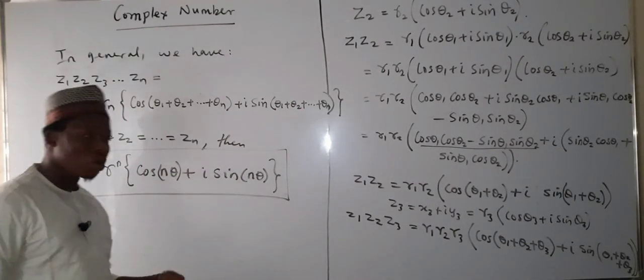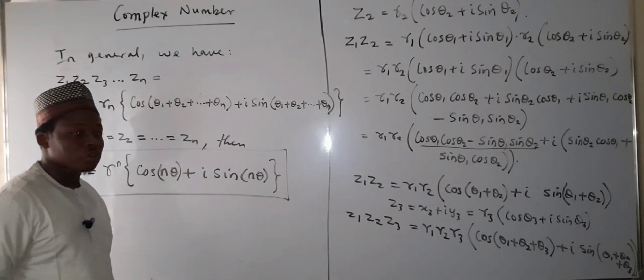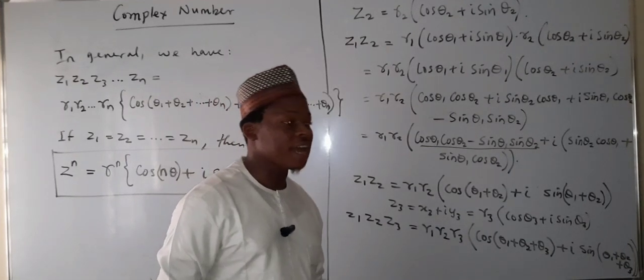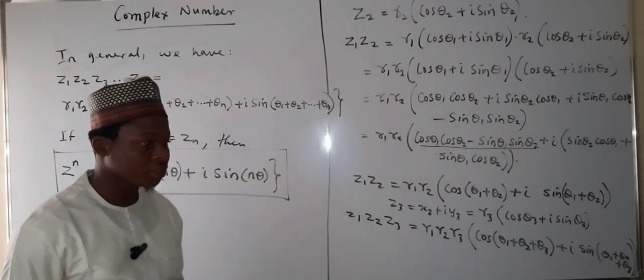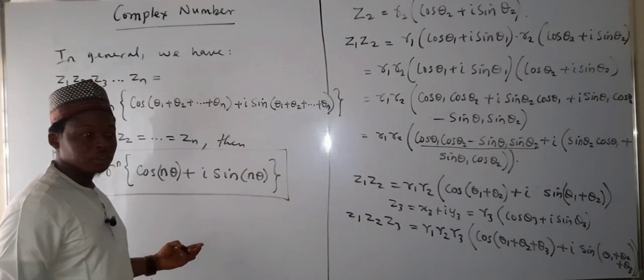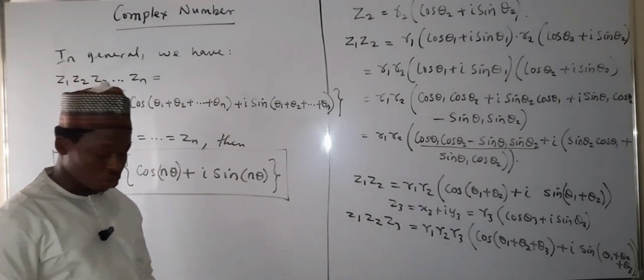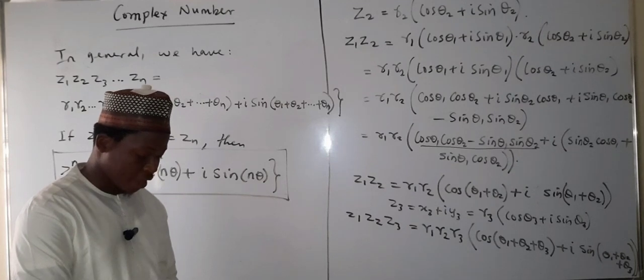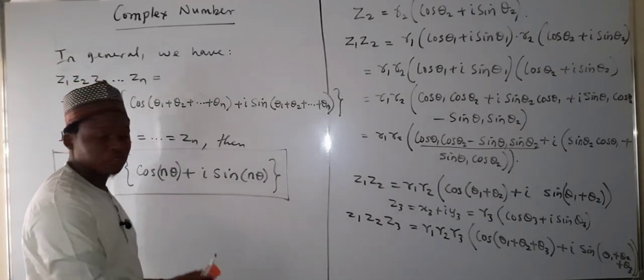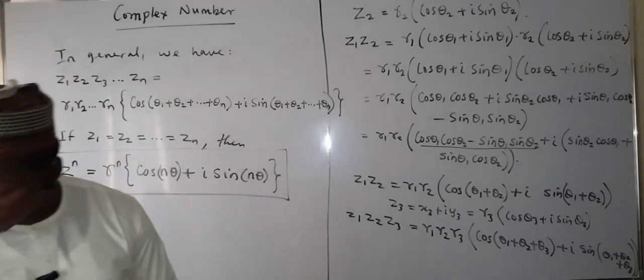This is actually the power of a complex number. So you can be asked to find the value of 2 plus 3i raised to the power of 300. This will give you the answer. Now if you are asked z equals 4 plus 2i raised to the power of 500, this is what we will use. Okay. So we'll solve one example quickly.